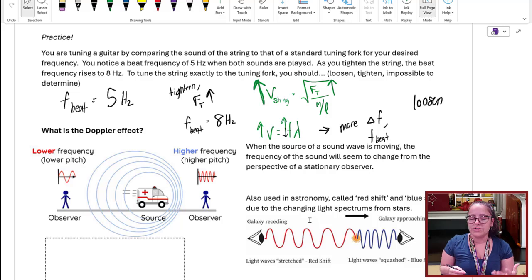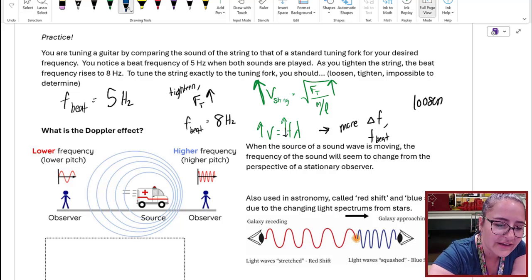But the Doppler effect is that when the source of a sound is moving, like say an ambulance or a fire truck, the frequency seems to change from your perspective, which you might know intuitively. If you were standing on the street and heard sirens, would you be able to tell whether the sirens were approaching you or going away from you? Most likely. We do this when we're driving all the time, so we know whether to pull over or not. And that's because of the Doppler effect.